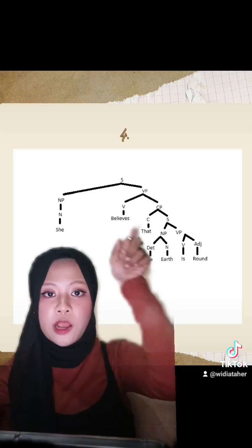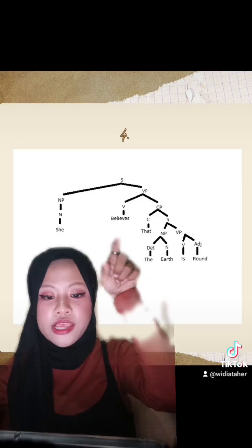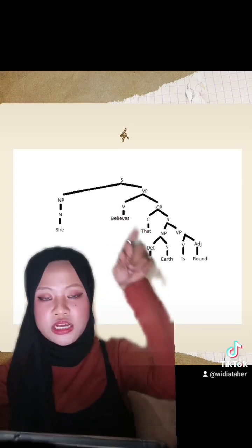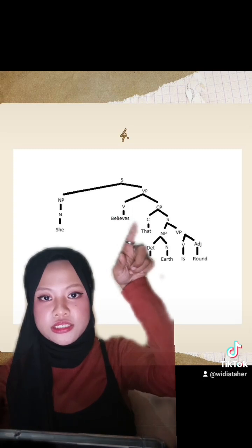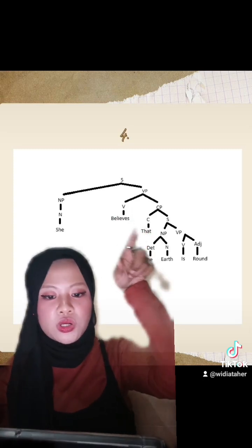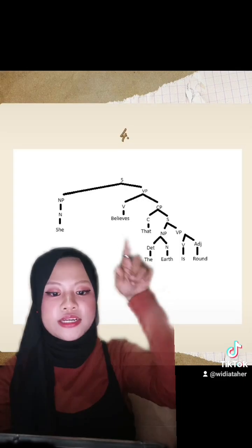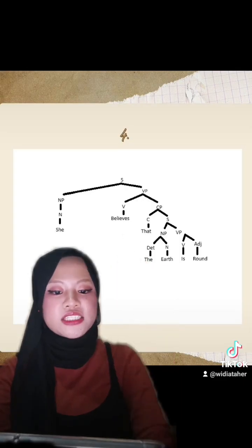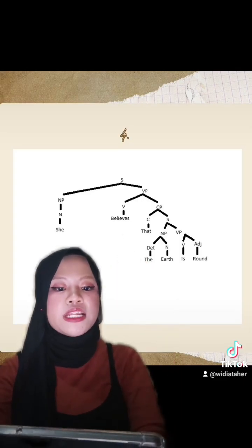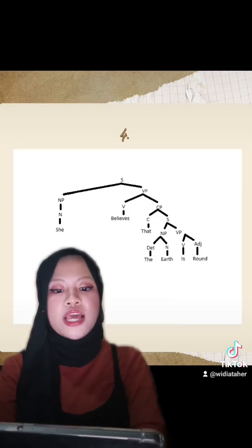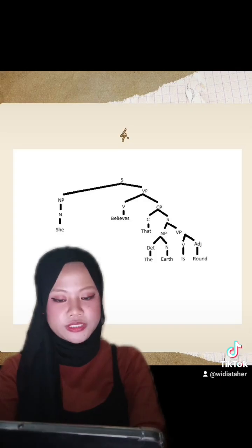The verb phrase, the verb is believed, and the complementizer phrase that the earth is round functions as the complement of belief, and the complementizer that introduces the complement clause.